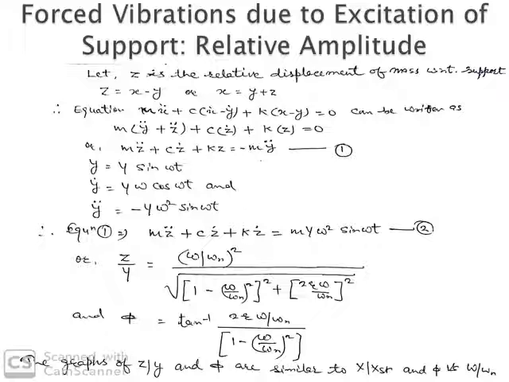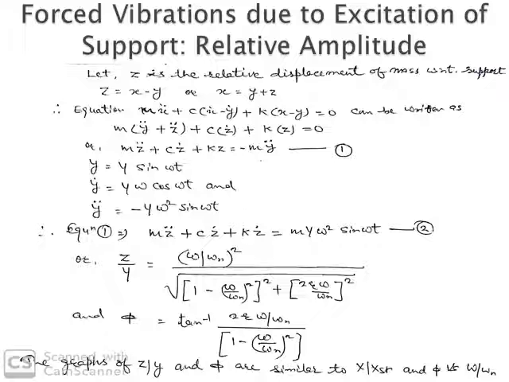Therefore, now we put the value of y double dot, as y double dot is minus y omega squared sin omega t. We replace it here. So the equation can be rewritten as m z double dot plus c z dot plus k z equals m y omega squared sin omega t.